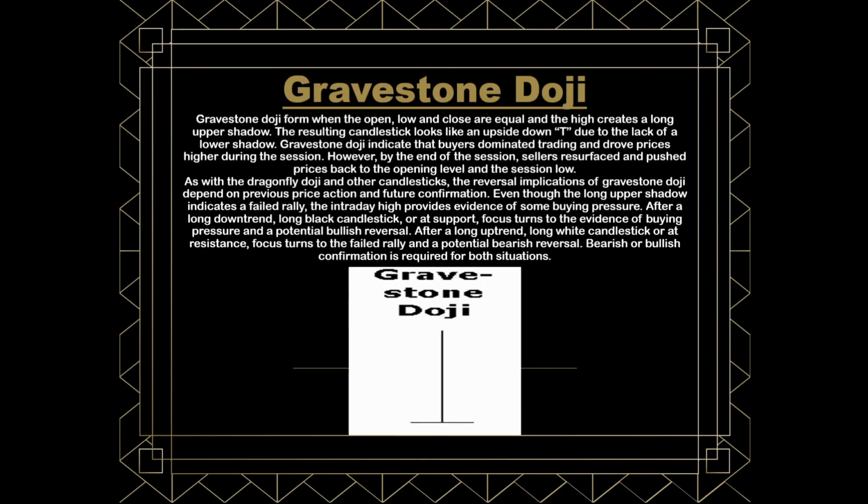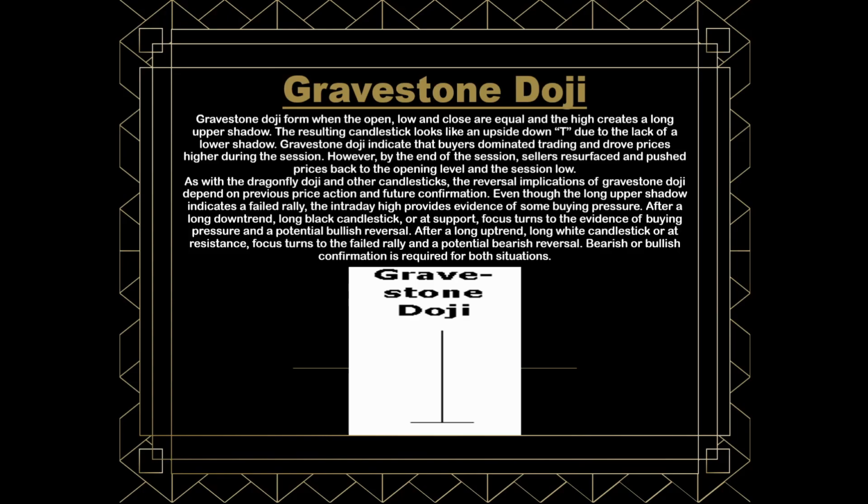Gravestone Doji form when the open, low, and close are equal and the high creates a long upper shadow. The resulting candlestick looks like an upside down T. Due to the lack of lower shadow, the Gravestone Doji indicates that buyers dominated trading and drove prices higher during the session.